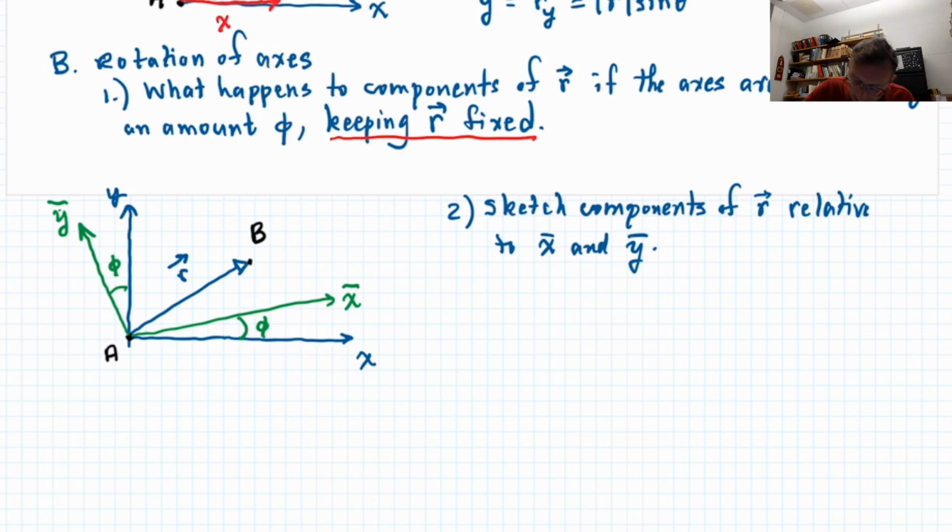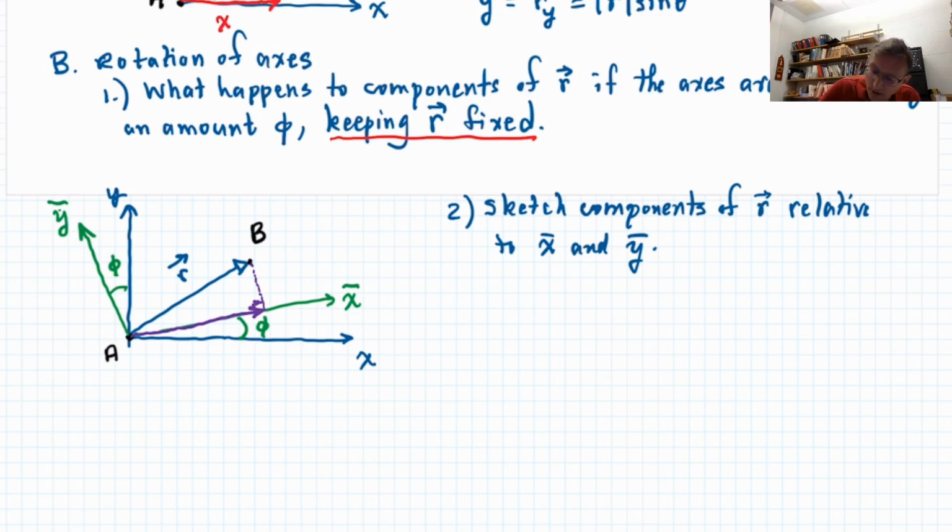You see how you would do it? Probably the easiest way to see is start at B and drop a perpendicular to x bar. Okay, now start at A and go out along x bar to that intersection point right there. And that arrow is the new x component of r, but it's the x bar component, right?